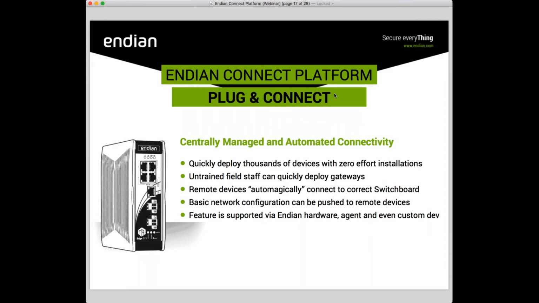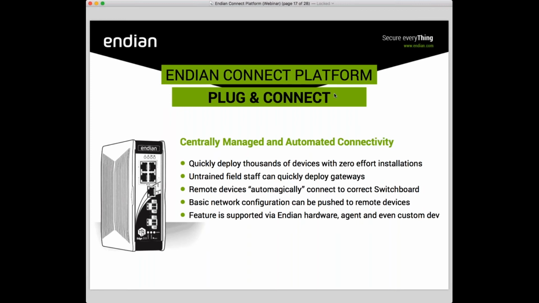When you have a hardware appliance, for example, or an agent that you want to install, instead of having to run through the actual configuration on the remote device or the remote software, you can use Plug and Connect.